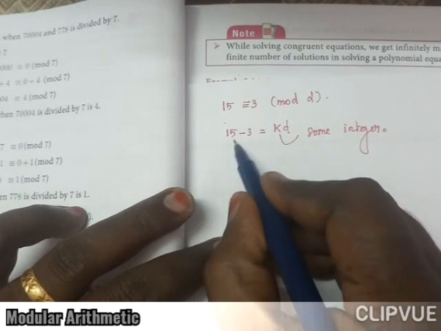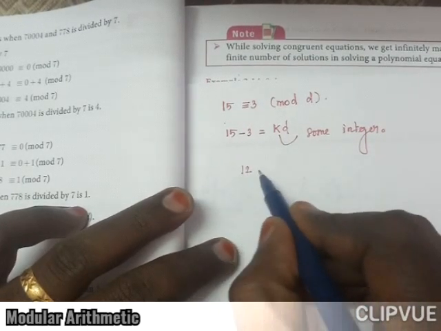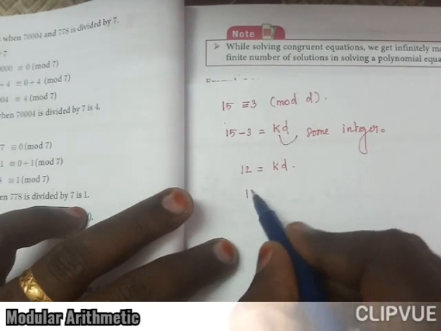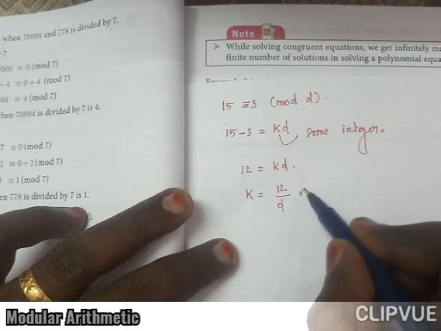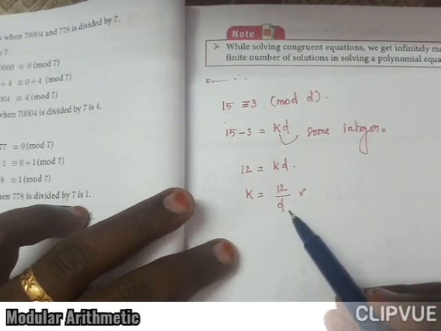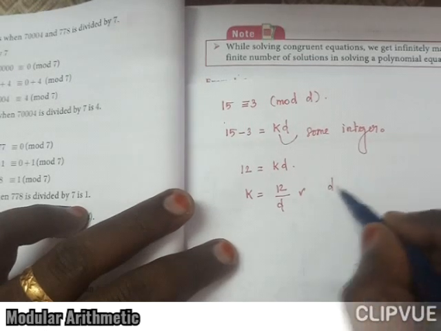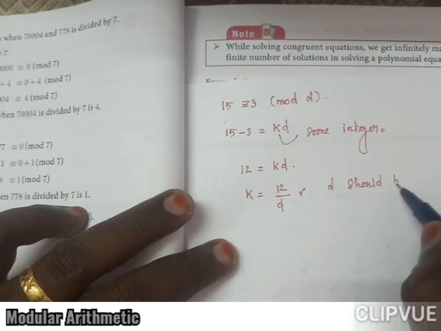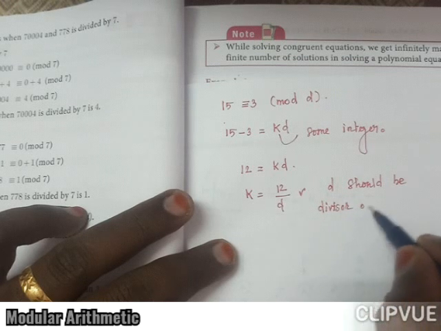When we subtract 3 from 15, we get 12, which is equal to kD. So k is equal to 12 by D. So D should be a divisor of 12.